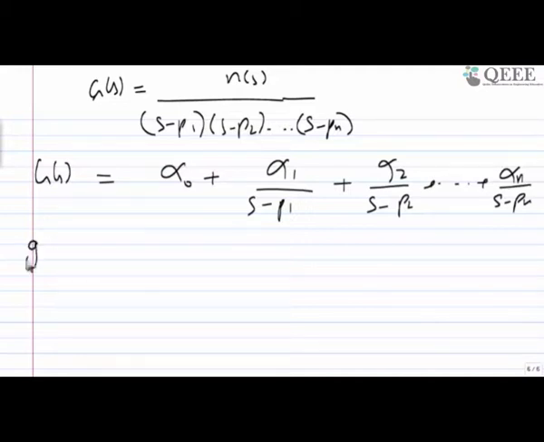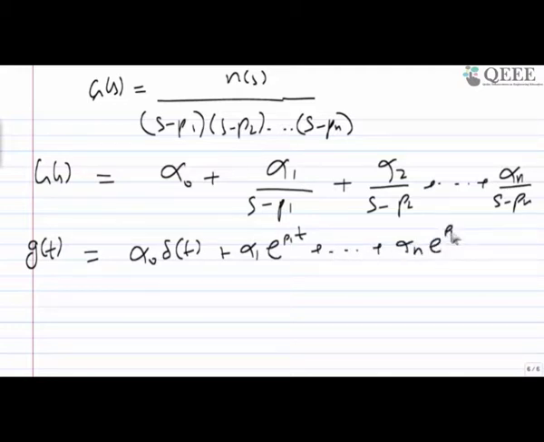Now if I take the inverse Laplace transform of this G of s, I will get G of t, which is given by alpha naught delta t plus the sum of the exponential terms.